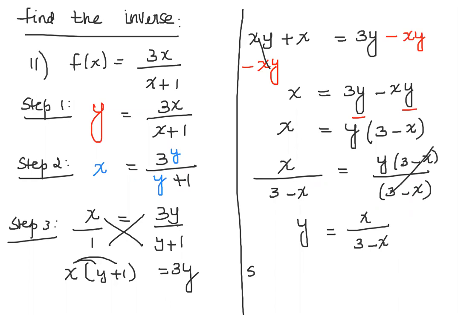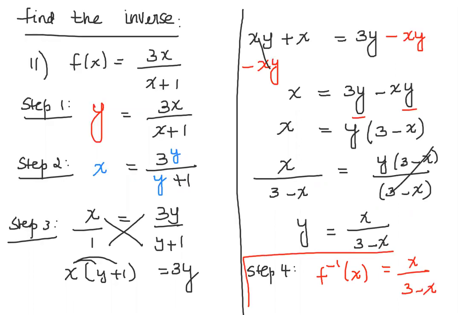In step 4, we are going to replace the y by f inverse of x. So this is our inverse, equal to x over 3 minus x. You can check your solution by doing the composition of two functions to make sure you got the correct answer.